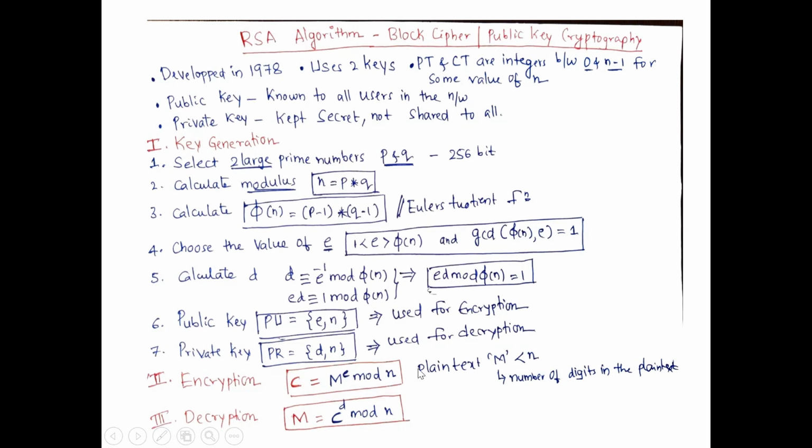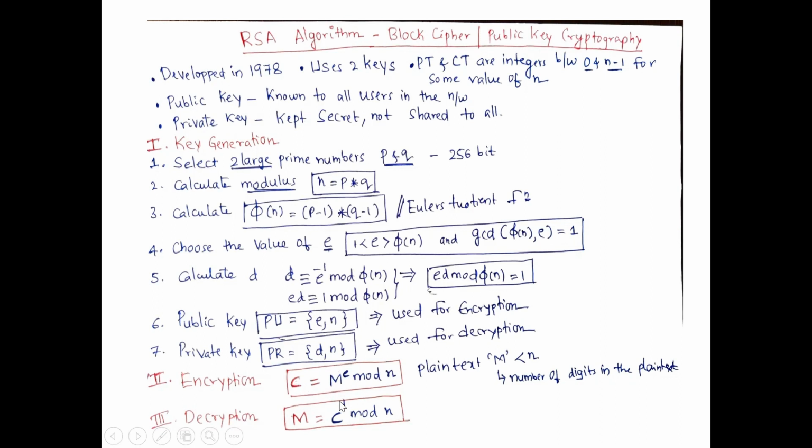How about the decryption? The input to the decryption algorithm is ciphertext C. Then we need to operate it with the key. The receiver will decrypt the message using his own private key. So therefore, we need to use the private key, which is nothing but D comma n.